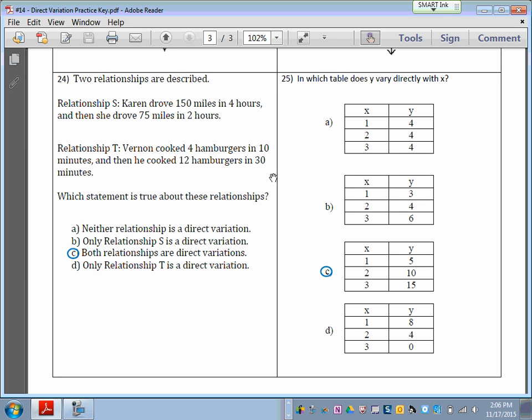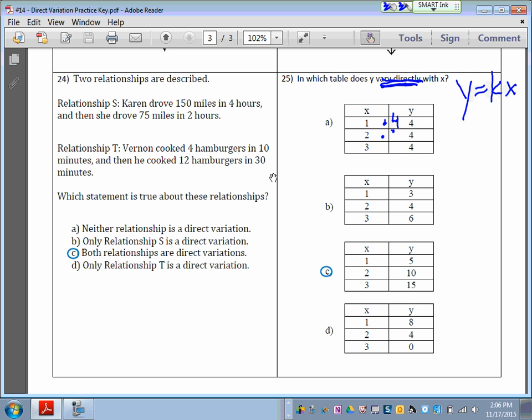Number 25 says, which table does Y vary directly with X? Again, varies directly means we have this equation. It must stay consistent throughout the whole table. I have to multiply by the same number each time. 1 times what gives me 4? 4.